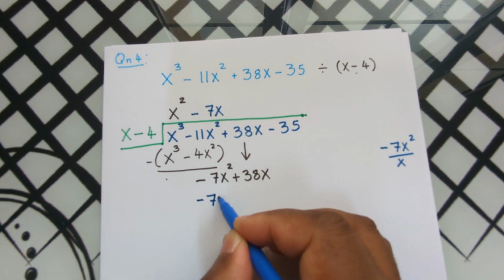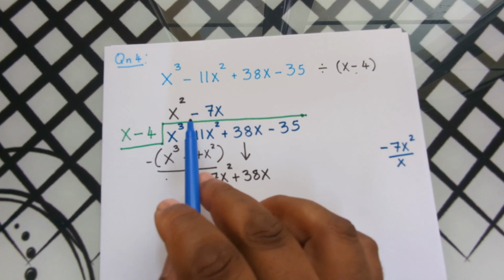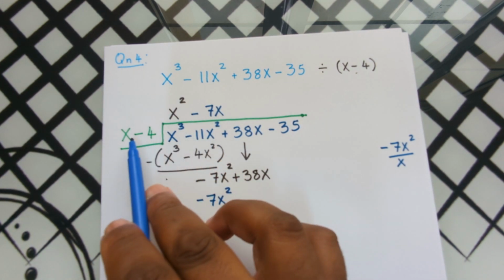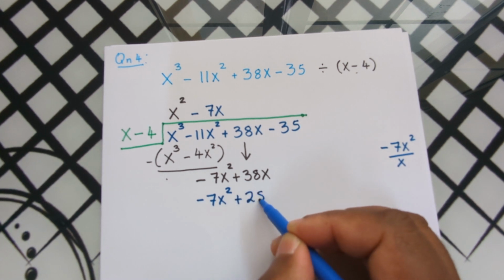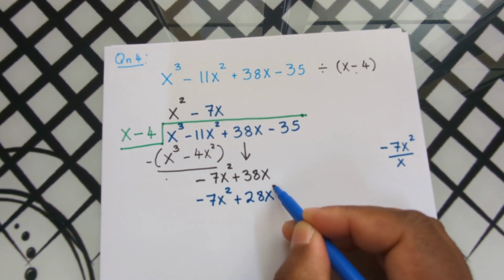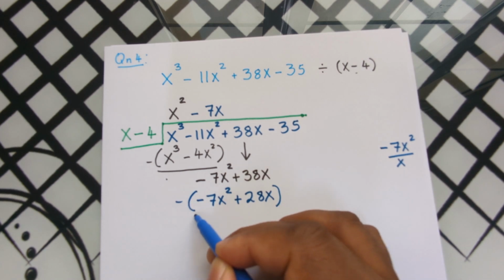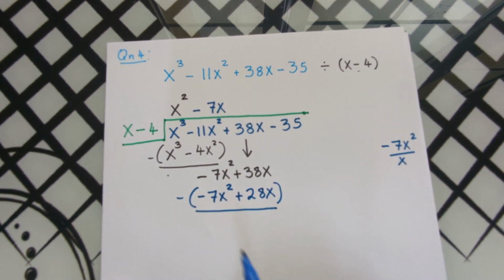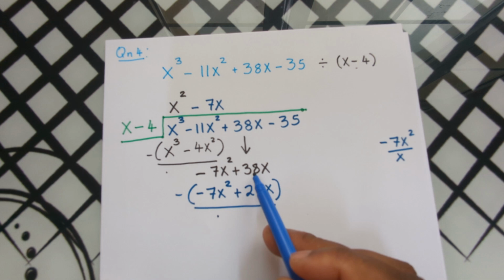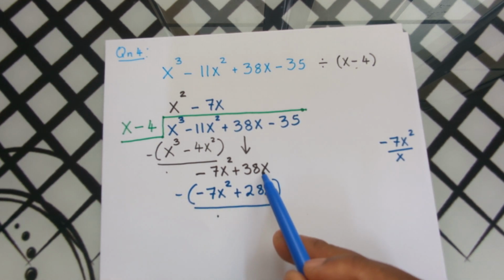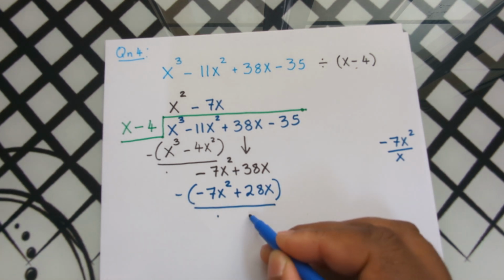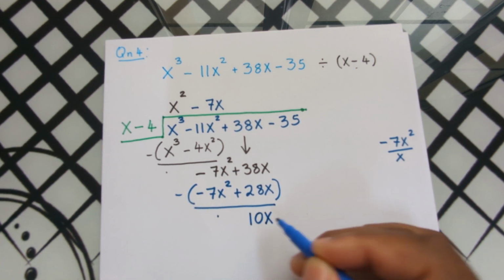It will go back to negative 7x squared. Negative 7x multiplied by negative 4. It will turn into a positive 28x. Put our brackets, subtract. Negative 7x squared minus 7x squared will give us a 0. Then 38x minus plus 28x is the same as saying 38x minus 28x, which will give us 10x.